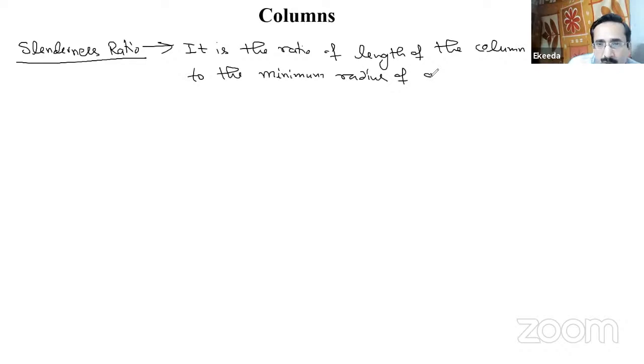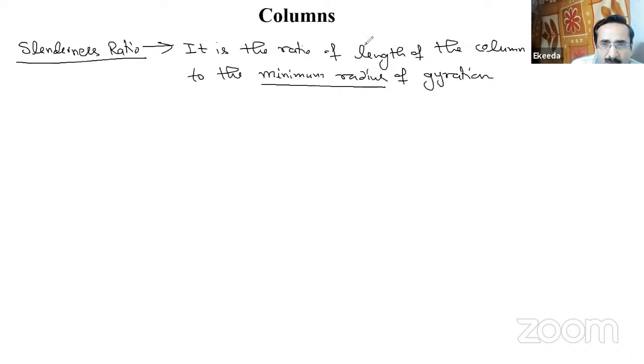Radius of gyration is associated with moment of inertia, and the buckling takes place in the direction where there is minimum moment of inertia, that is, minimum radius of gyration. It is weak in that portion where the buckling takes place. So that's why we take the minimum radius of gyration.